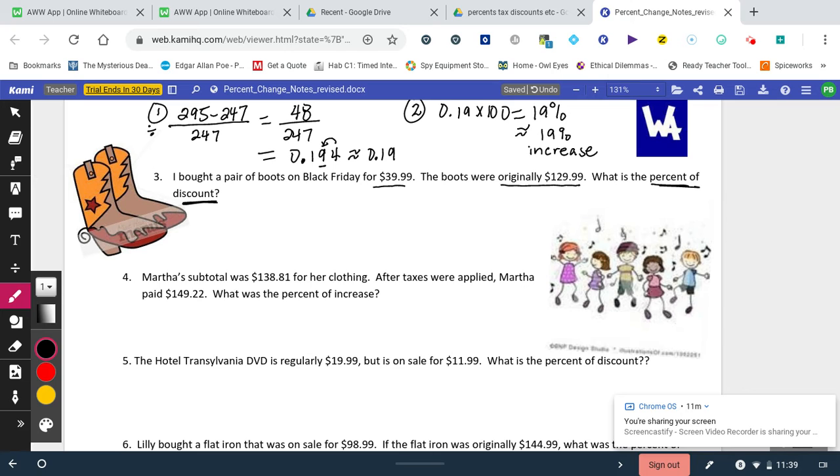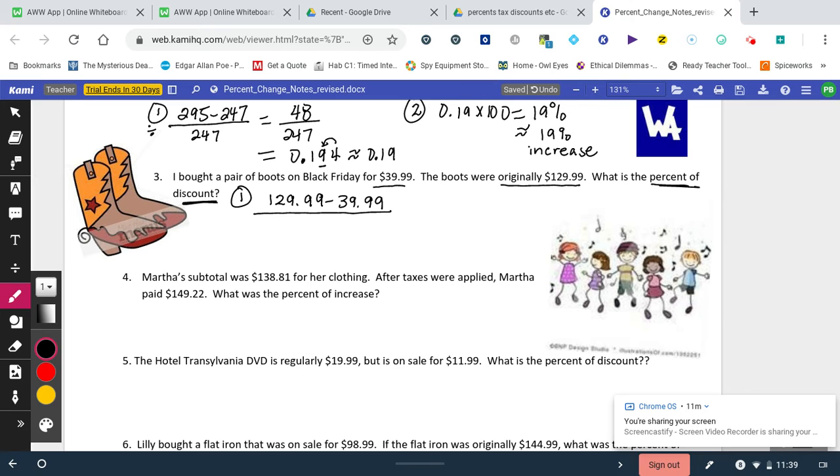All right, so in other words, to find that percent of discount, what we're going to do is follow the steps. So step 1, you're going to subtract the original amount and the new amount. All right, so make sure when you subtract, put the larger number first. $129.99 minus $39.99. And you're going to take that amount that you get when you subtract, and you're going to divide it by the original amount.